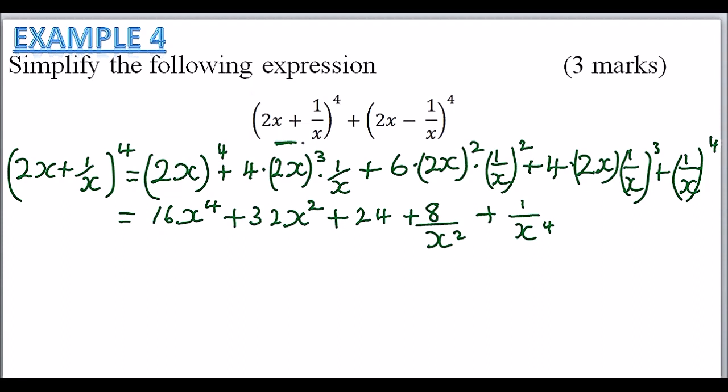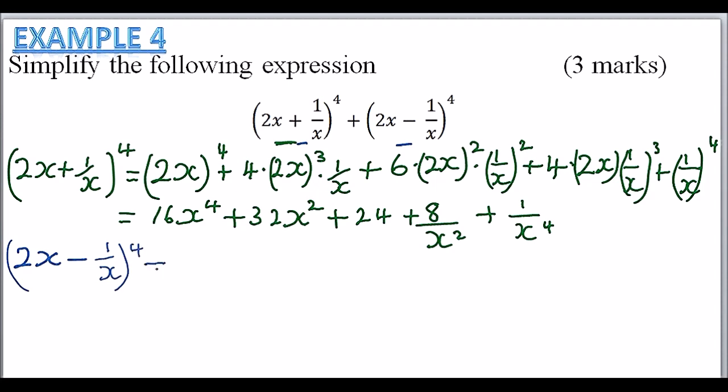So that is the expansion of the first part of our equation. We come to the second one. The difference between the first one and the second one is a minus sign. So the expansion of the other one will be 2x minus 1 over x in brackets to power 4.